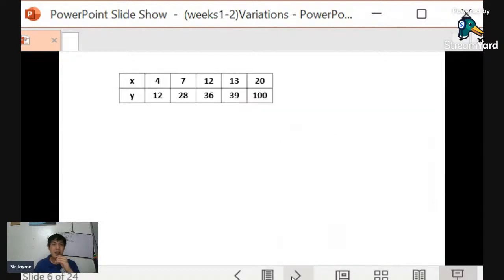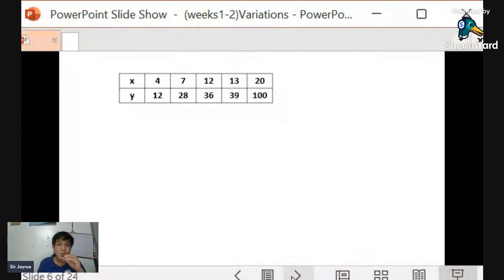Okay, next pala, next. So how about this one? Okay. So we have a table here. Oh, it's your turn now. So hindi ko sinasabi na ito ay direct, hindi ko sinasabi na ito ay inverse, no? Or not a direct variation. So I want you to identify if this table of value is direct or not direct variation. So I will give you time, okay?